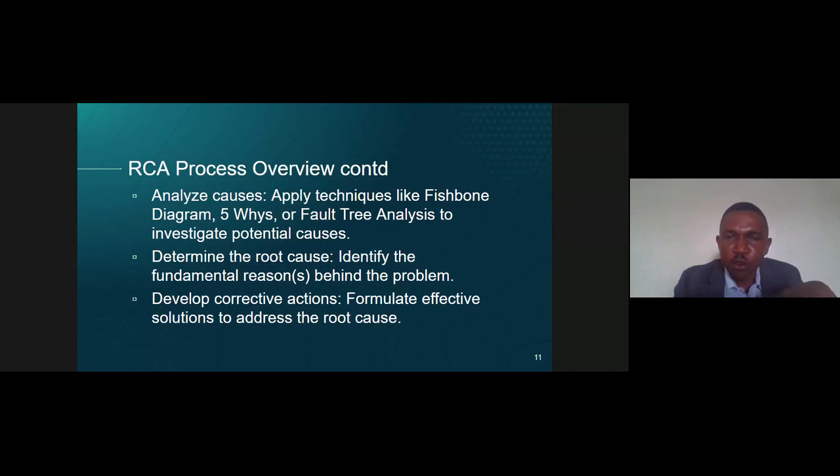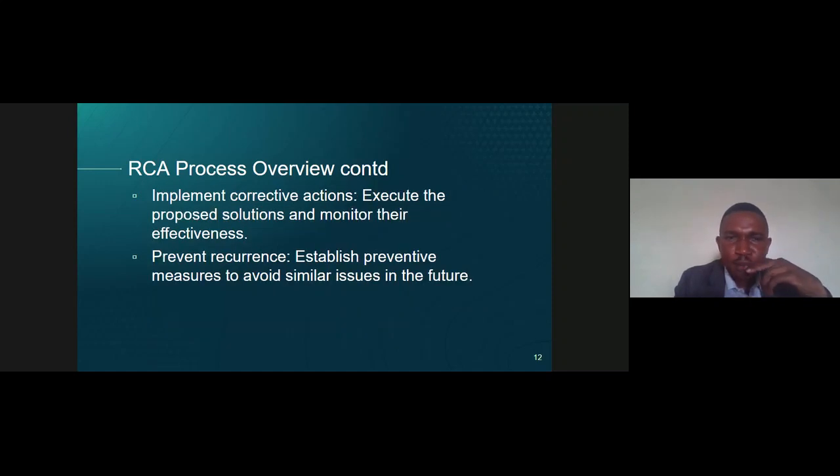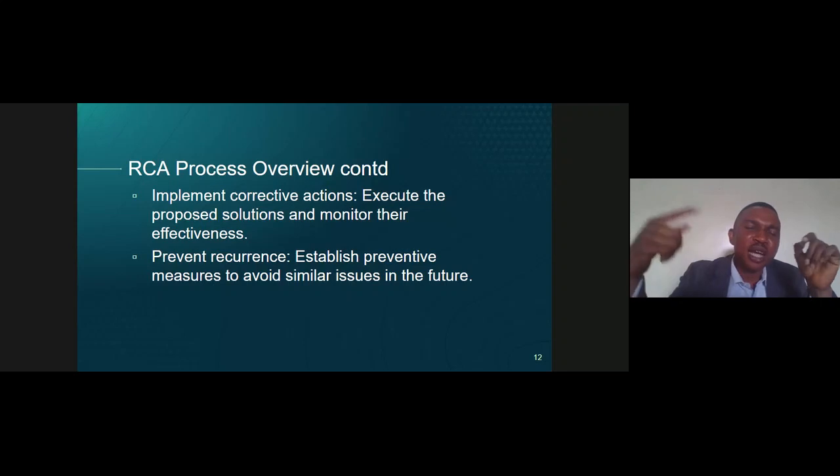Having analyzed the causes, you then determine the root cause of why that problem occurred. And once that is done, the last step is to what? Put a corrective action in place to address the problem that has been identified. And once corrective action has been put in place, one more thing is that you want to put a control measure.